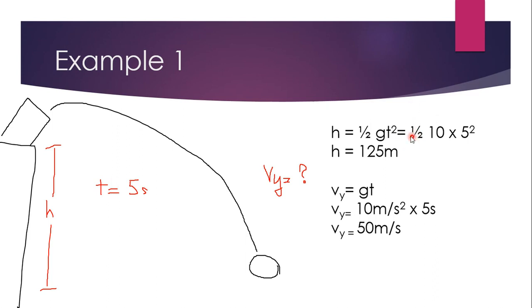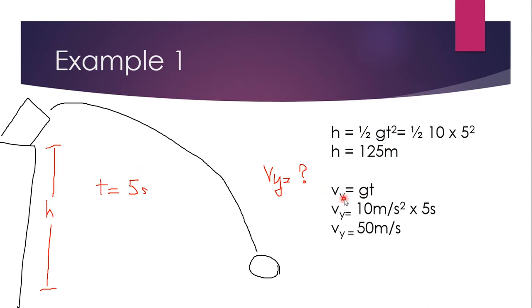So it equals 1/2 times 10 meter per second squared, the gravity, times 5 seconds squared. So it results as 125 meter. I didn't mention the measurement units here, but let's just say meter.